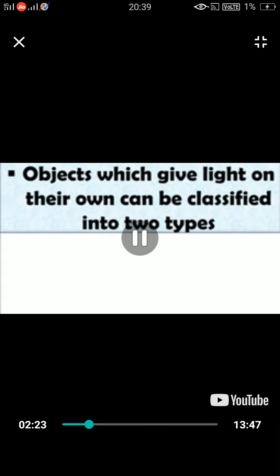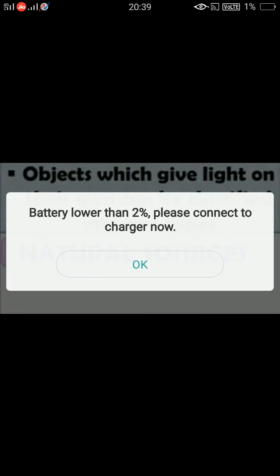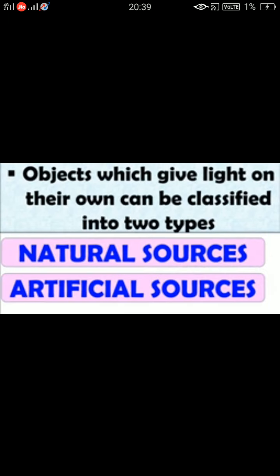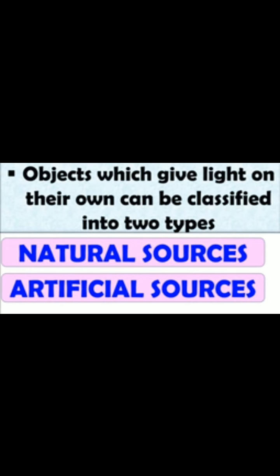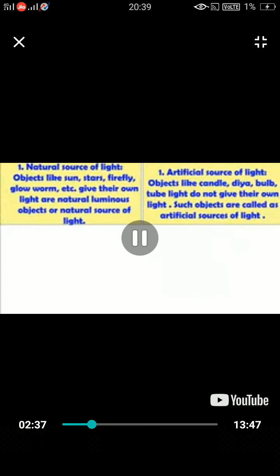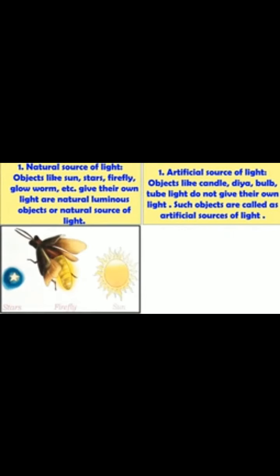Now, objects which give light on their own are classified into two types, natural sources of light and artificial sources of light. Now we will discuss both of these sources of light and differentiate them with the help of some examples. Now see, natural source of light. Objects like sun, stars, firefly, glowworm, etc. give their own light.